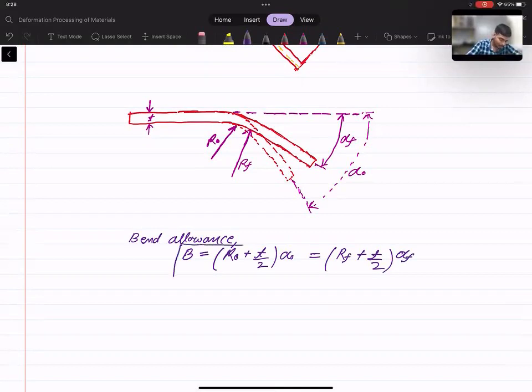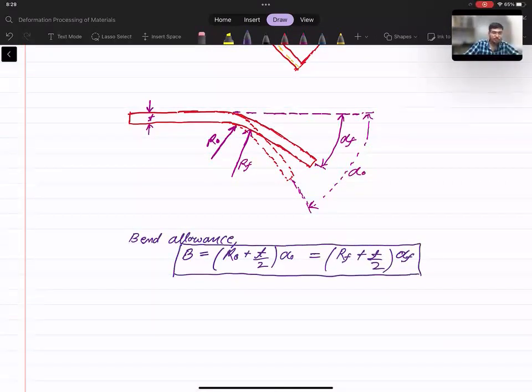This is an important thing to consider in bending forming operations. So this is the relation for bend allowance. Okay. So this considers the elastic recovery or spring back happening during the bending process.